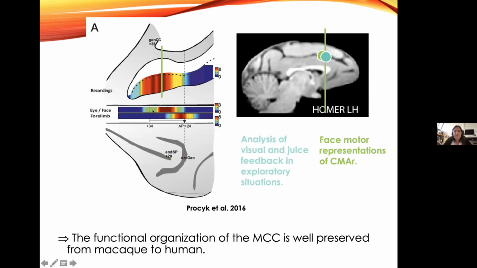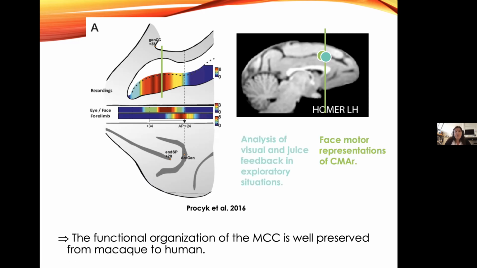So imagine this line within the dorsal bank of the cingulate sulcus here, and you can see that there is a strong overlap between the face motor area and this region involved in the analysis of visual and joystick feedback. So this means that the functional organization of this region, what we call the mid-cingulate cortex, the MCC, is well preserved from macaque to human.